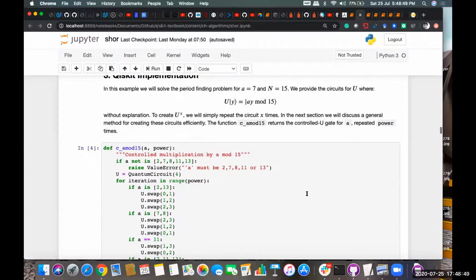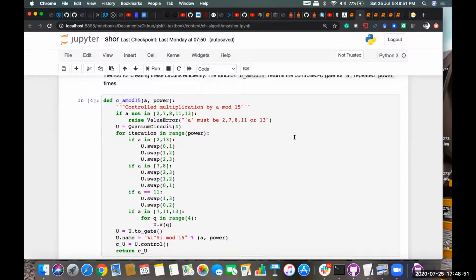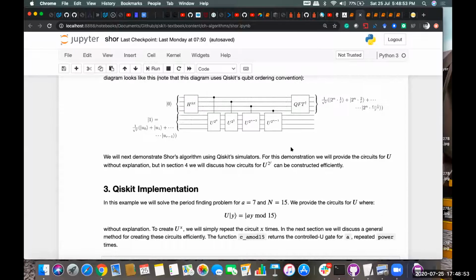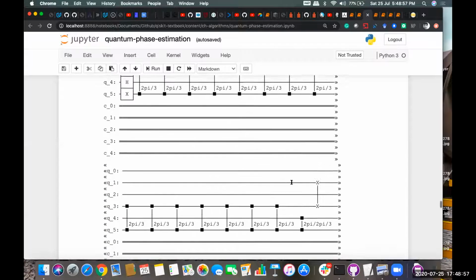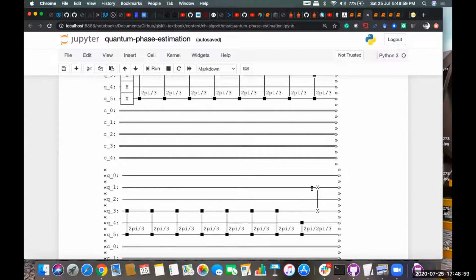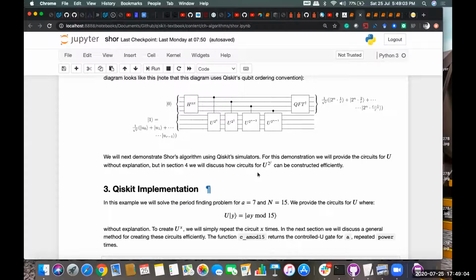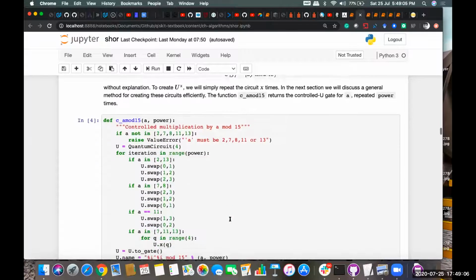Okay, so the Qiskit implementation has already been given. In the quantum phase estimation, we have already seen that even the swapping of the qubits is happening here. So you can expect the same in the Qiskit implementation of this.